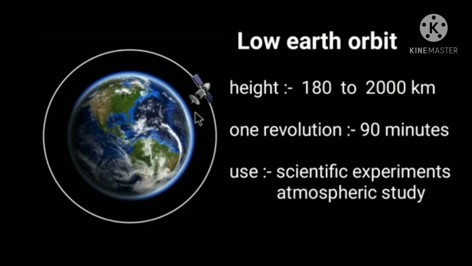As the height of these satellites is low, that's why it completes one revolution around the Earth in 90 minutes. These satellites are used for scientific experiments and atmospheric studies. Moreover, International Space Station and Hubble telescope also revolve in low Earth orbits.